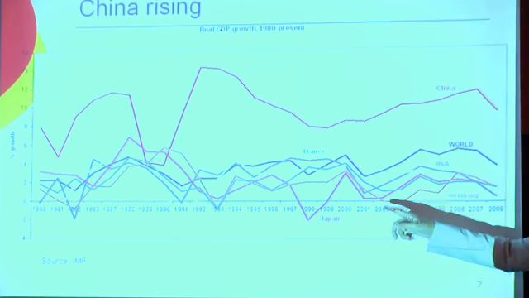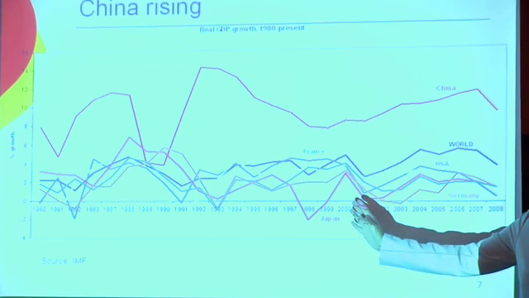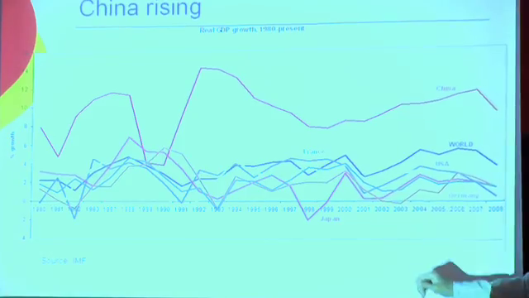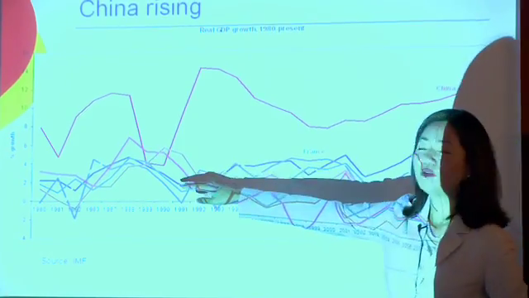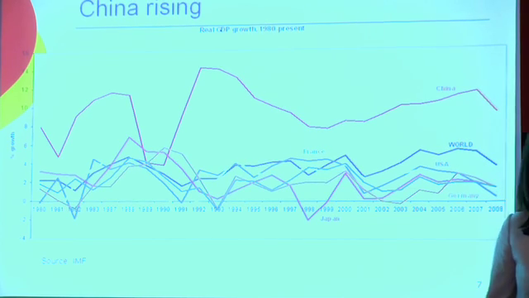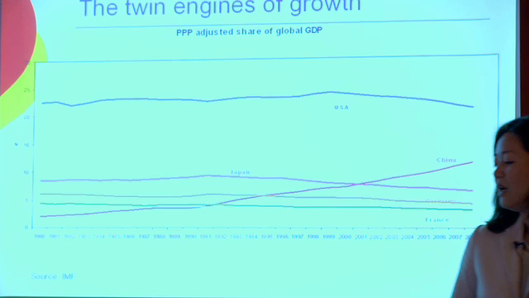The thing I'd like to point out about this chart is up until the beginning of the noughties, this decade, world economic growth was always roughly the growth rate of the rich economies. Since the beginning of the noughties, world economic growth has actually been higher than that of the rich economies. It is being pulled up, not just by China, but also by other emerging economies.